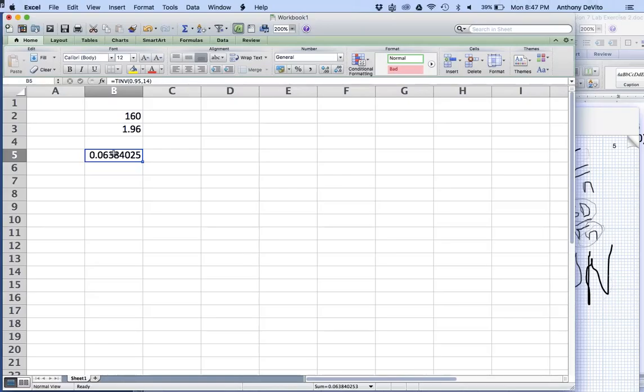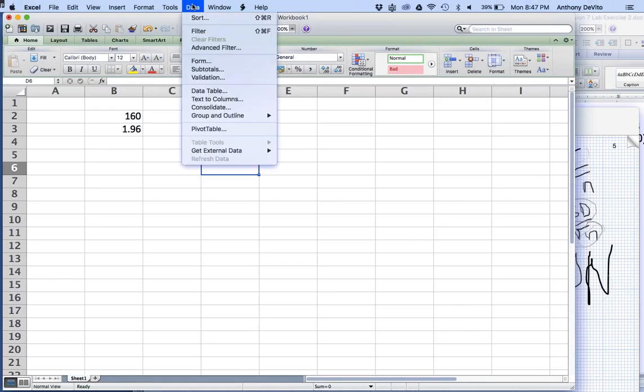T inverse, probability. 0.95, that's the probability. I have to take a look at it. I shouldn't have gotten that. It's been a while since I've used Excel to do t-tests.